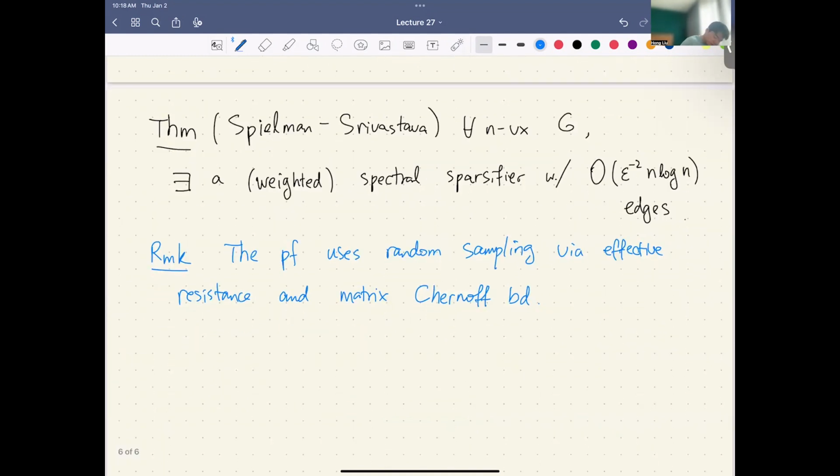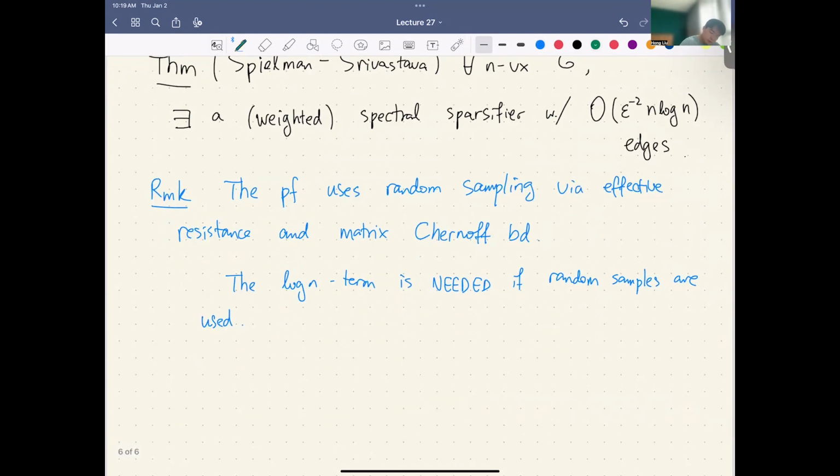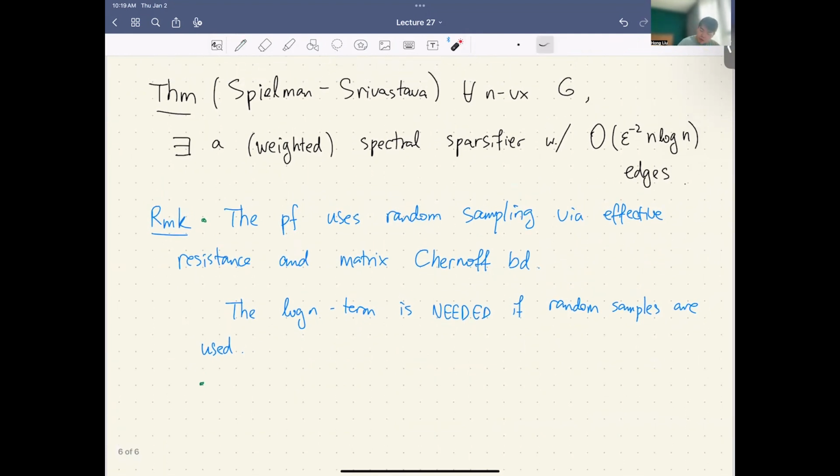One remark is that the log n term is needed if we do things randomly, if random samples are used. There's a follow-up where later it turns out there's a deterministic way of choosing a sparsifier which can remove this log n term. That's something else, not using sampling.